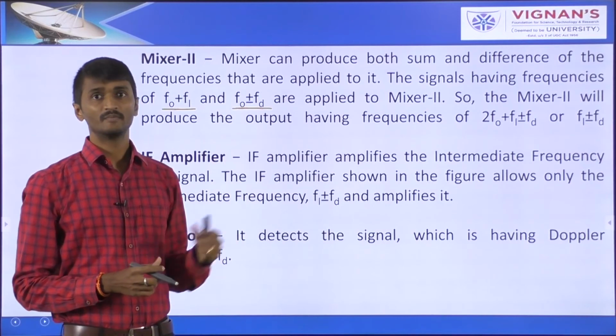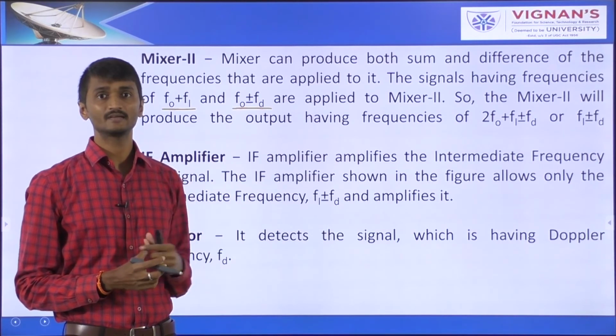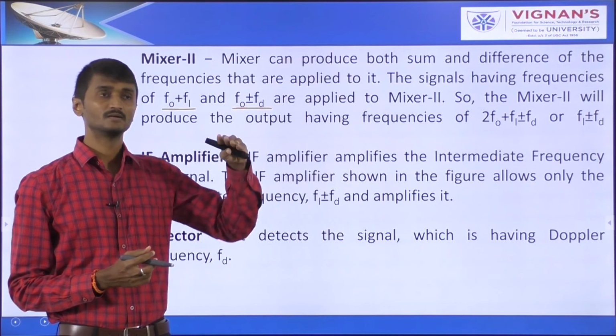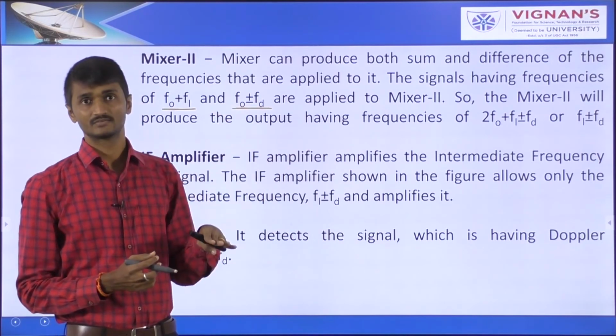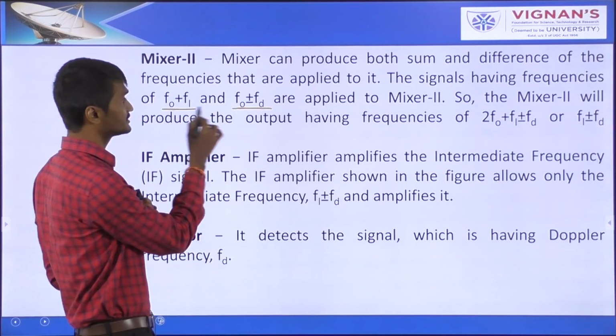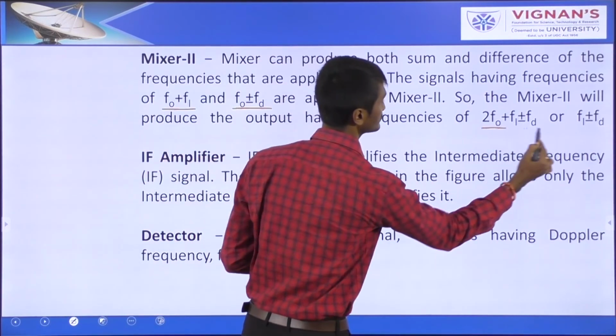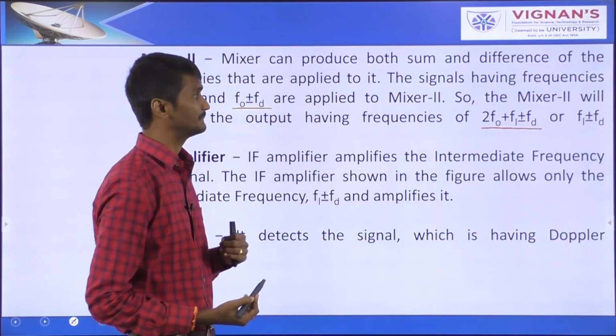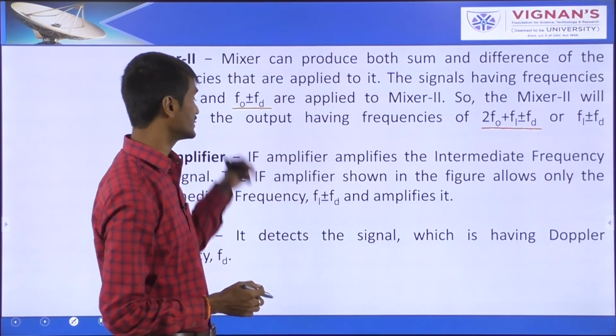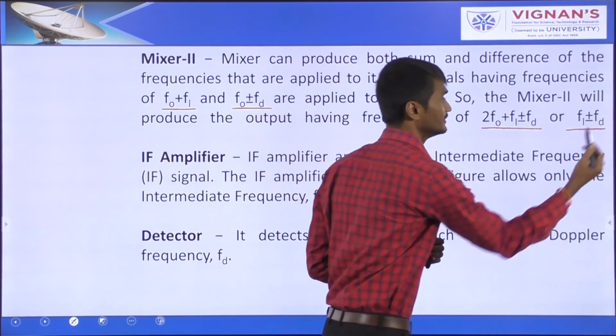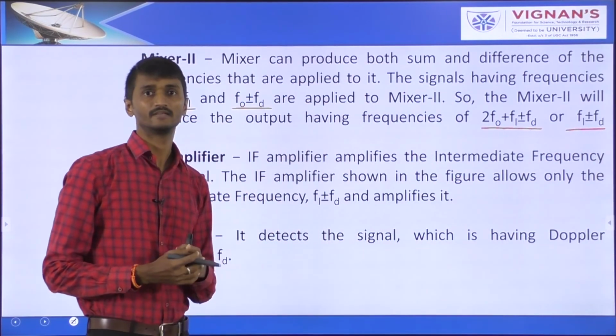So mixer 2 will produce an output having either the addition or the difference of frequencies. The addition of these two will be 2F0 plus FL plus or minus FD, and the difference will be FL plus or minus FD.